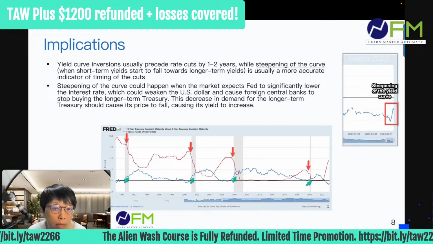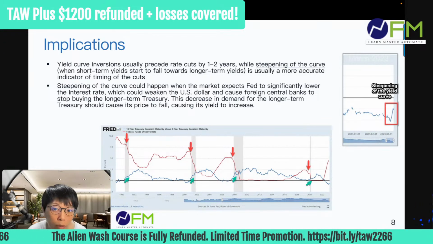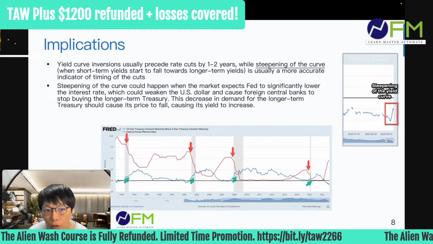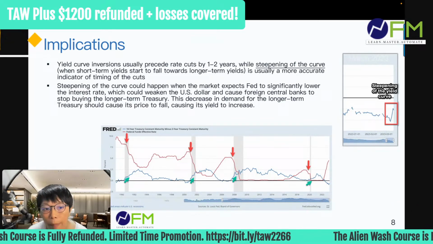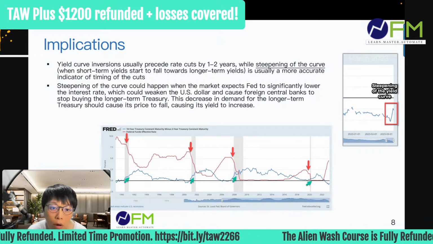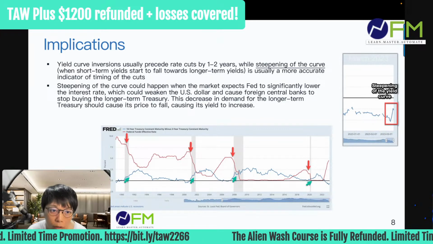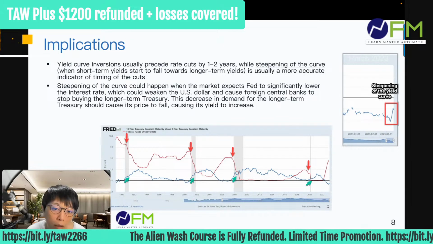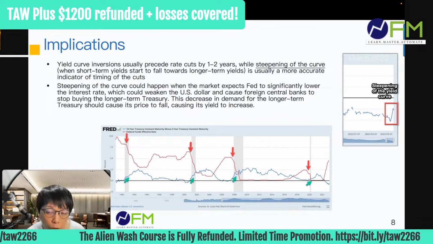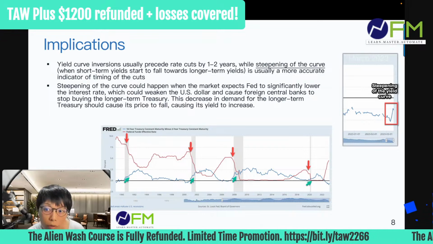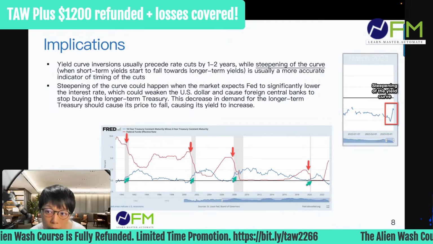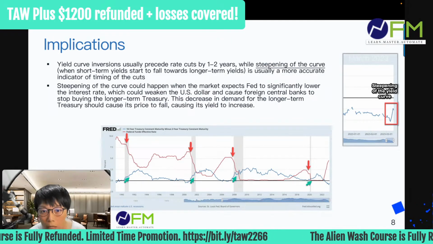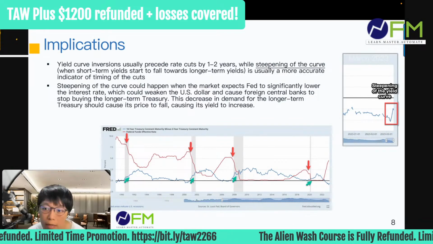It could also mean that foreign banks might stop buying the long-term treasuries. But more important, this expectation that the Fed might be cutting rates might cause the short-term yield to decrease, because, as I mentioned before, the short-term rate is very sensitive to what the Fed is doing.